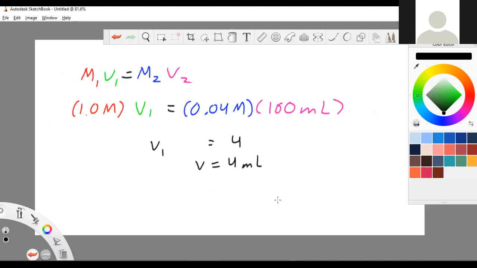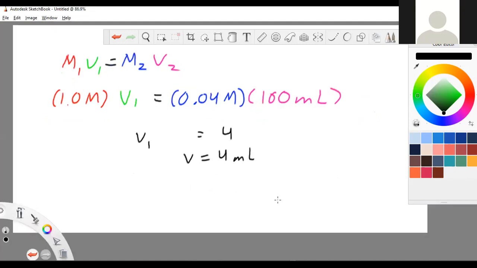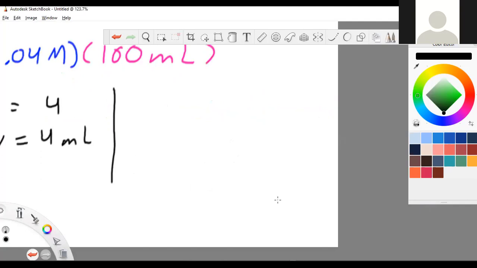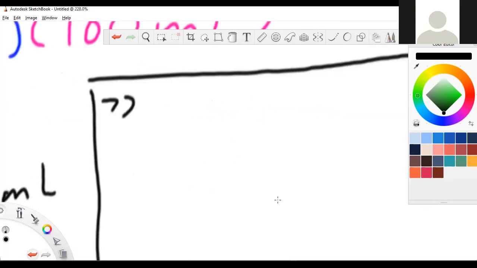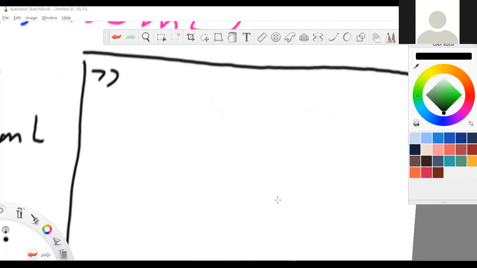And then we'll just zoom in a bit here. Section this little spot off for question 7, which asks, if 10 milliliters of the original 1.0 molarity stock solution was added to a 500 milliliter volumetric flask and diluted to the mark, what would be the new concentration?